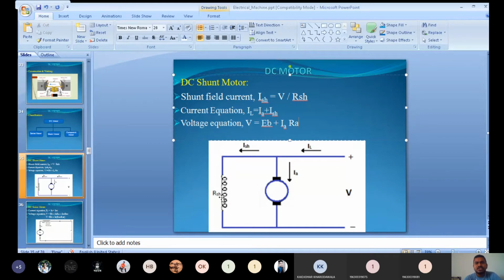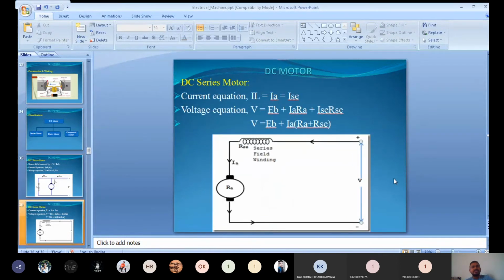So RSH is more. The shunt field winding has more resistance because it has more number of turns and thinner conductor. So this is the DC shunt motor.